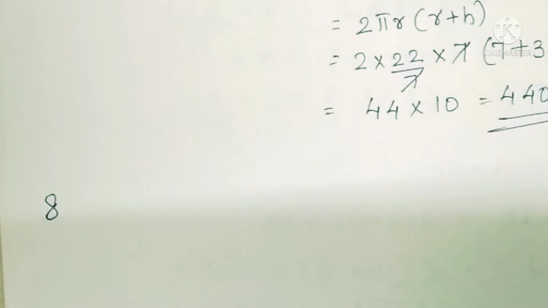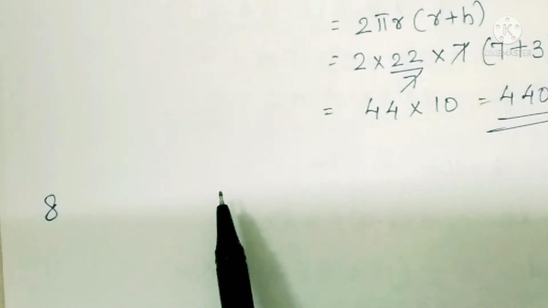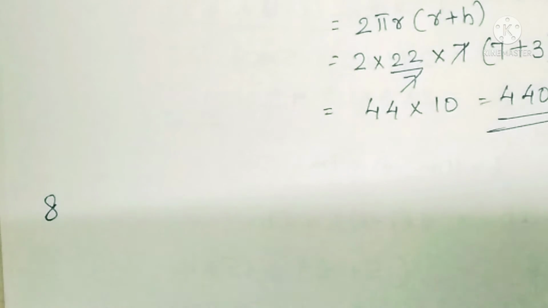Now question number 8. The lateral surface area of a hollow cylinder is 4224 centimeter square. It is cut along its height and formed a rectangular sheet of width 33 centimeter. Find the perimeter of the rectangular shape. It is similar to this question but with a difference. Here it is a hollow cylinder.